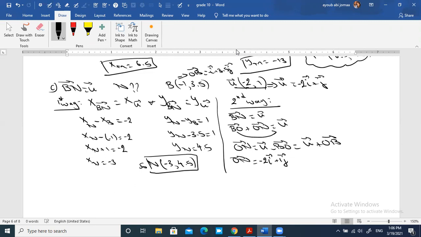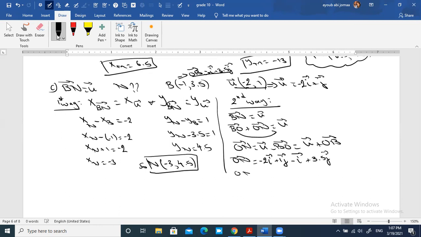So vector u and OB. It becomes minus 1 plus minus 3.5, minus i plus 3.5j.